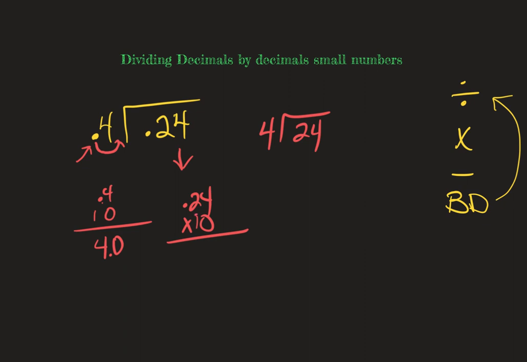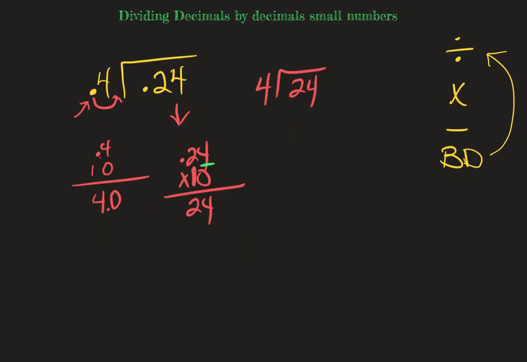Well, anything multiplied by 1 is going to give me the numbers you started with. And I can see in my original problem I had 2 decimal places. Sorry, y'all. I knew I was forgetting something. When I multiply 10 times 24, I should get 240.